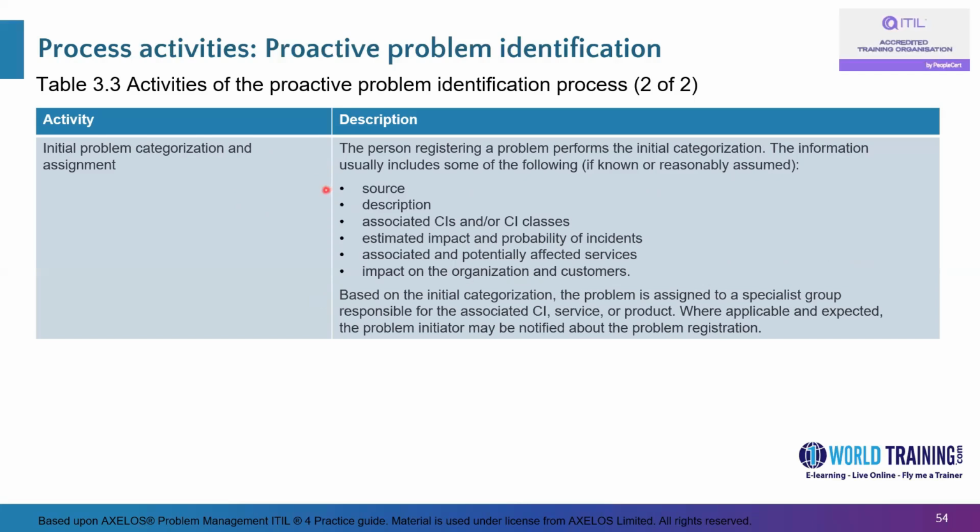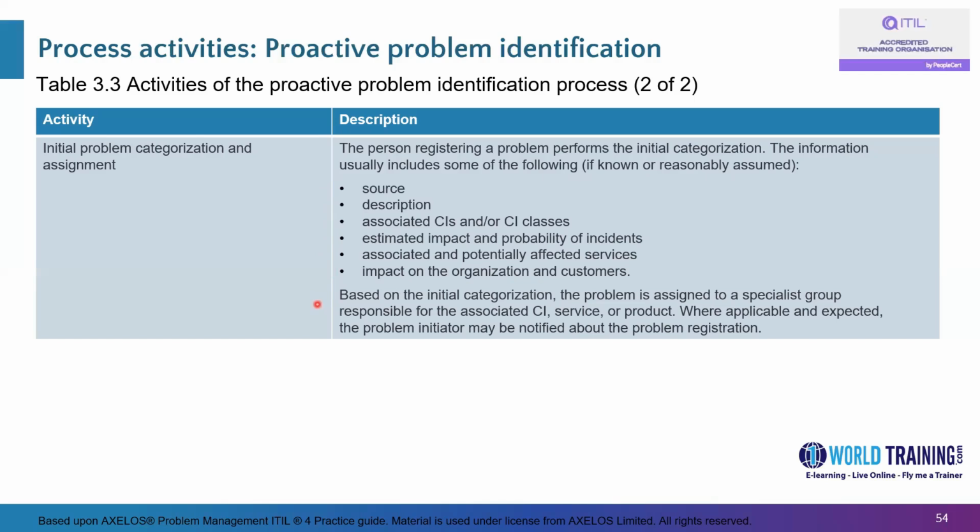And essentially, they will have to note down or document the following in the problem record, such as the source of the problem, its description, any suspect configuration items or components or categories, estimated impact and probability of incident occurring due to this proactive input, what could be the services that could be affected, and what could be the impact on the organization and its customers and users. And then this will complete this process.